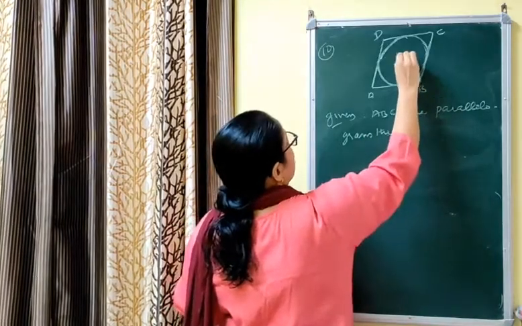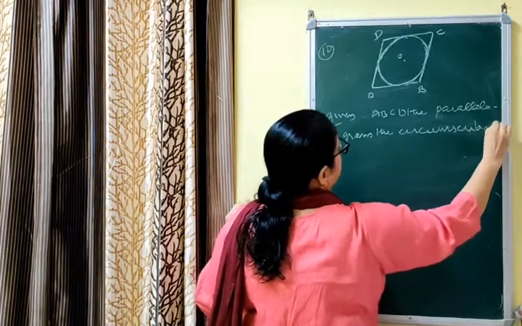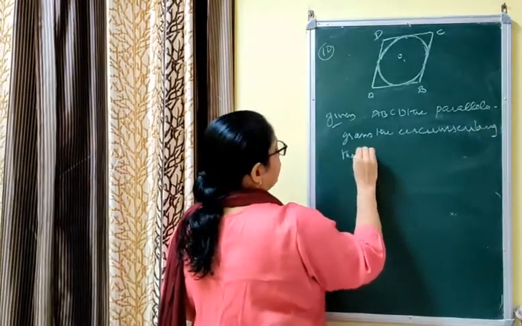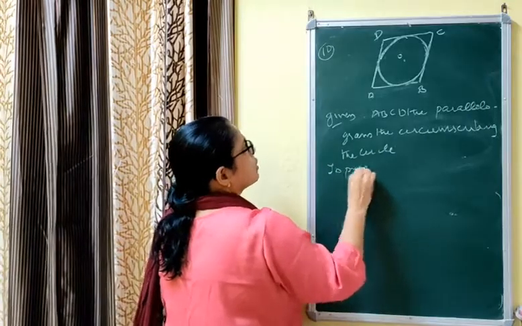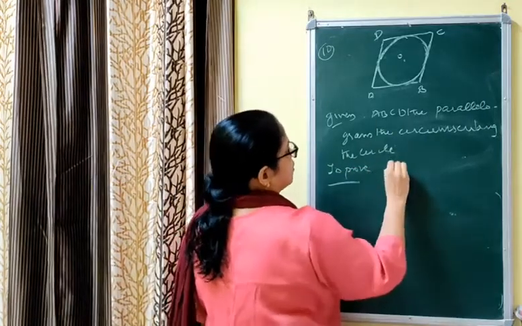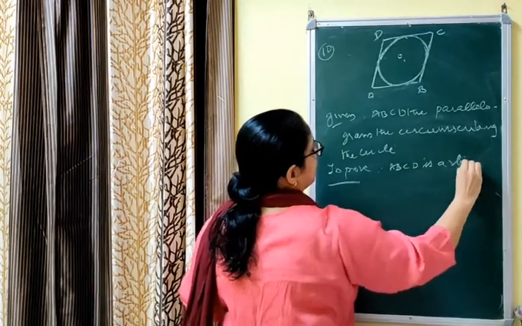Let the center be O. What do you have to prove? You have to prove that ABCD is a rhombus.